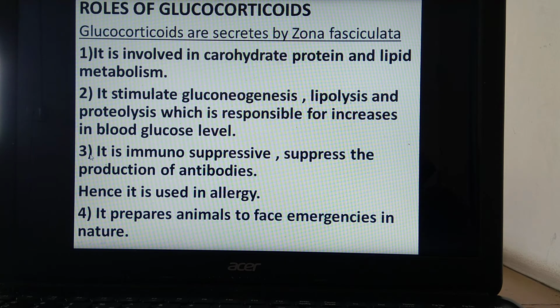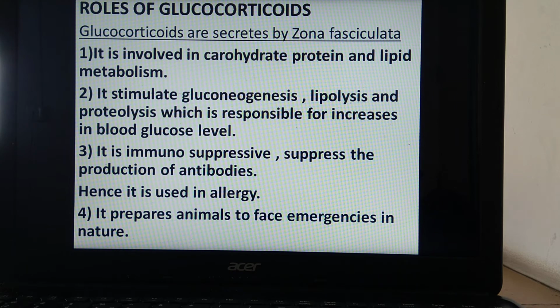Now it is given that it is an immunosuppressant. Glucocorticoid is an immunosuppressant. So when our immune system becomes hypersensitive, hyperactive, then its hyperactivity is suppressed by this immunosuppressant, that is by the glucocorticoid. So remember, these glucocorticoids can be used in allergy as they are immunosuppressive in nature.